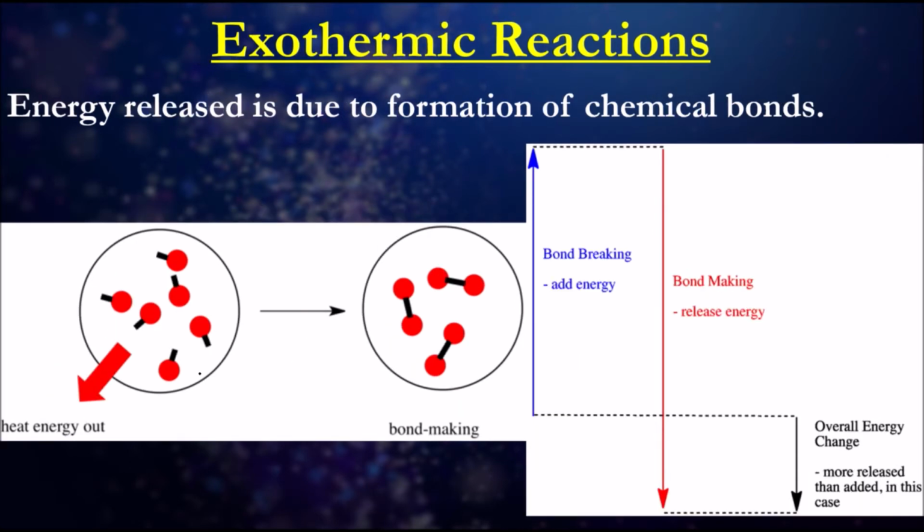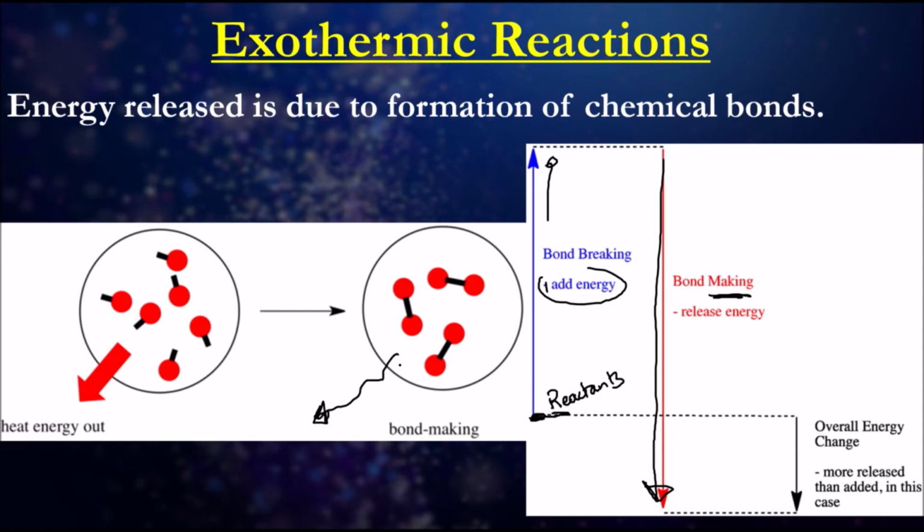With an exothermic reaction, we said heat is released. So what happens is if we look at the reactants, they already have a certain fixed amount of energy. We've added a bit of energy to break the bond. Yes, some was added, but more energy got released when making the bond. And so because more energy was released when making this bond, overall, more energy got released at the end in the form of heat.